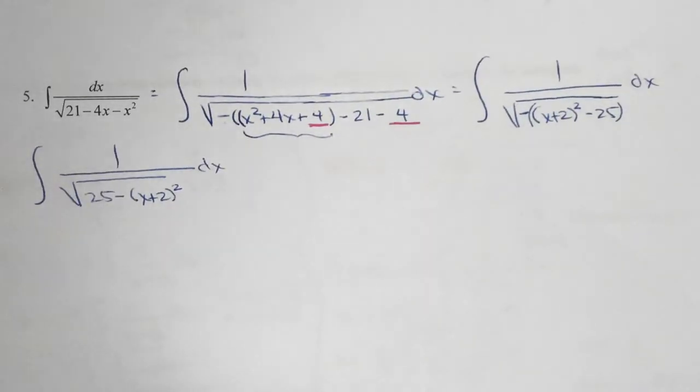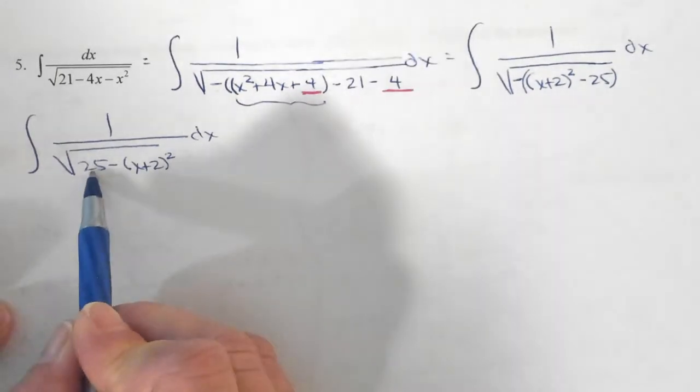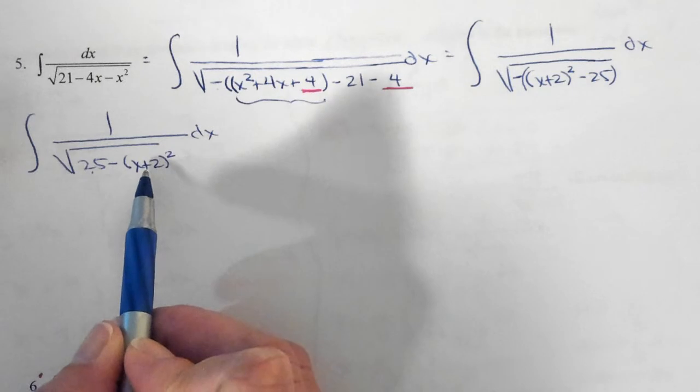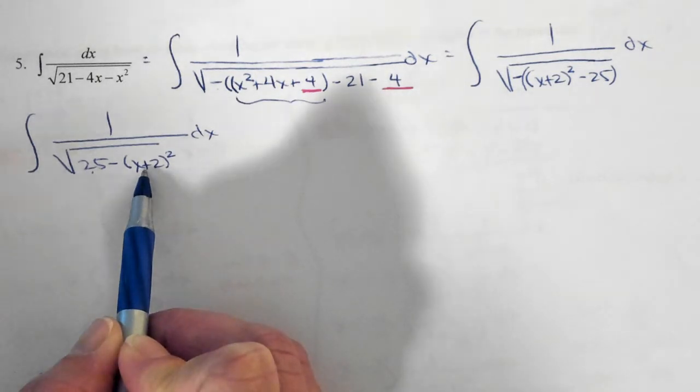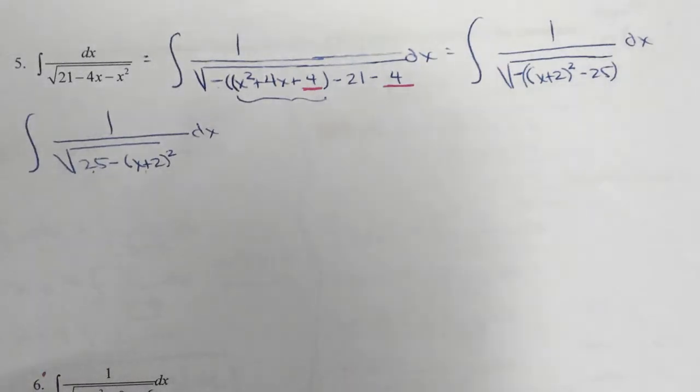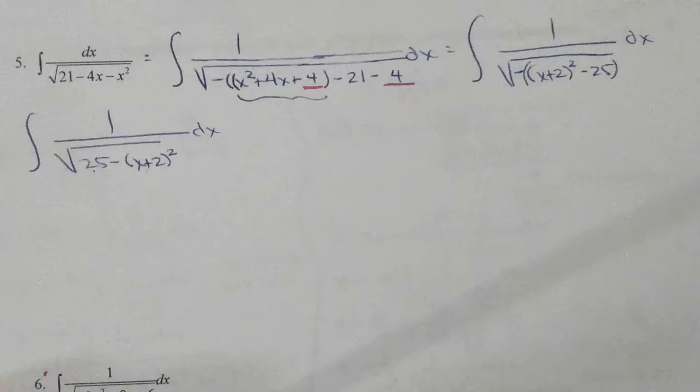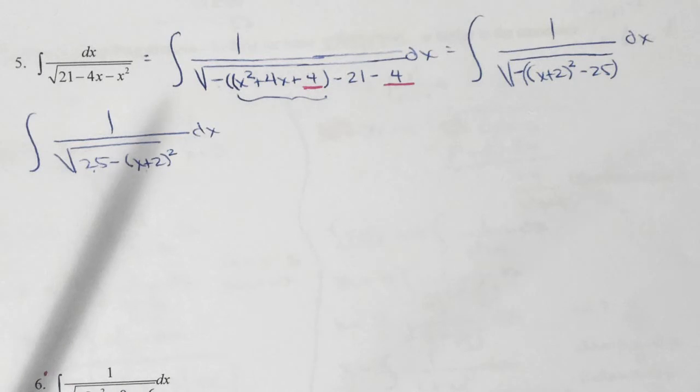What's the only issue that we're dealing with now? Yeah, okay. So that means I need that 25 to become a 1. So when we factor out a 25, still underneath the radical, we're going to do a couple things at the same time. This 25, when I divide by 25, becomes the 1. True? How do I write this so that it is a perfect quantity squared? If I divide by 25, yes, it's going to be x plus 2 over 5.